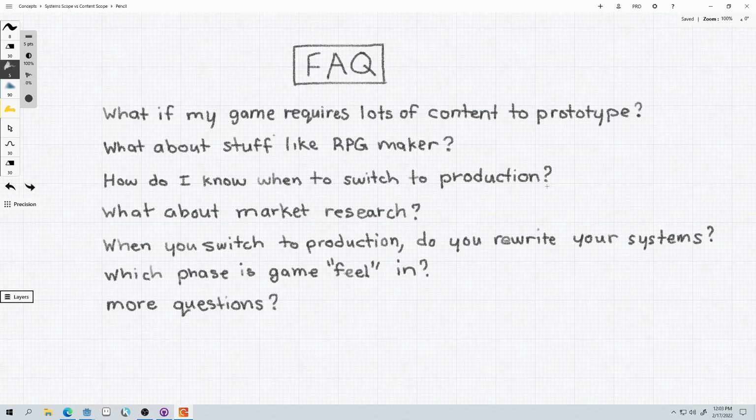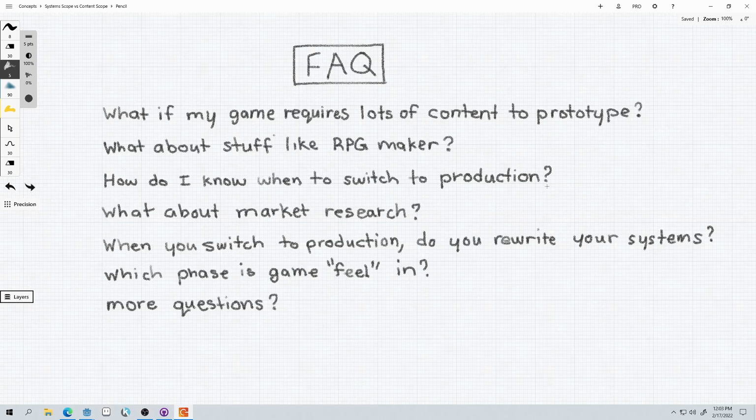When you switch to production, do you rewrite your systems? So this is a good question. When you're switching to production, you should be focused on content, which means you don't want to be doing any systems or mechanics code.